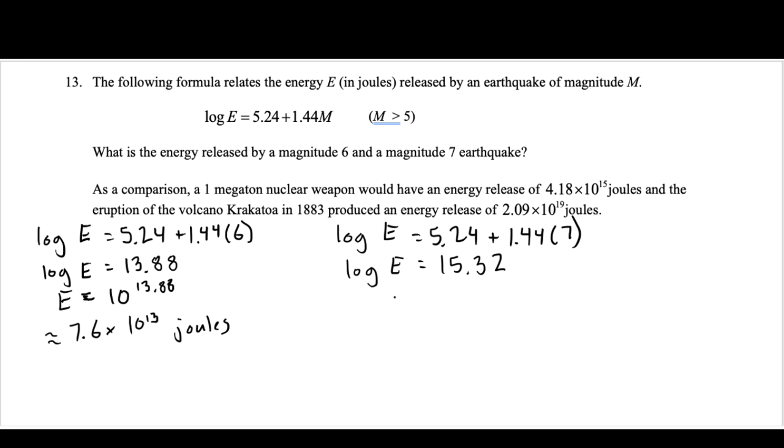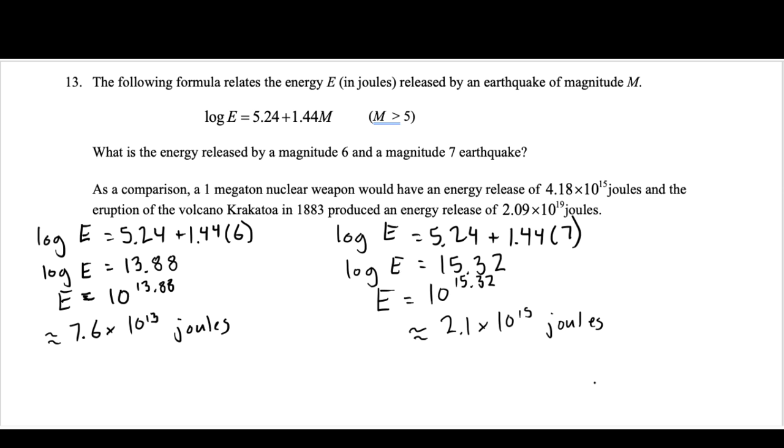And if I rewrite this in exponential form, I'll get E equals 10 raised to the power of 15.32. And if you plug that into your calculator, you'll get a result that's about 2.1 times 10 to the 15 joules. So, yeah, 2.1 followed by 15 zeros.